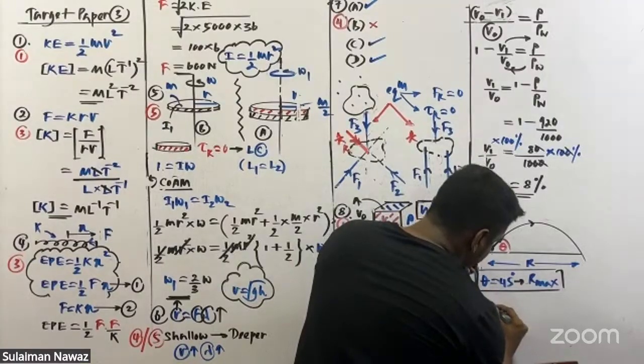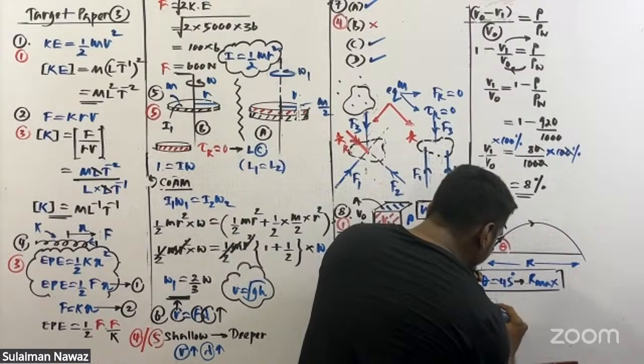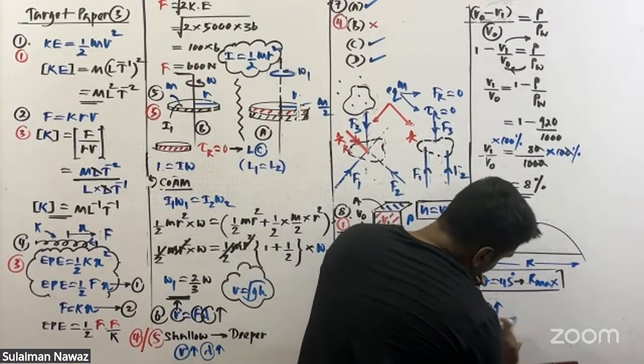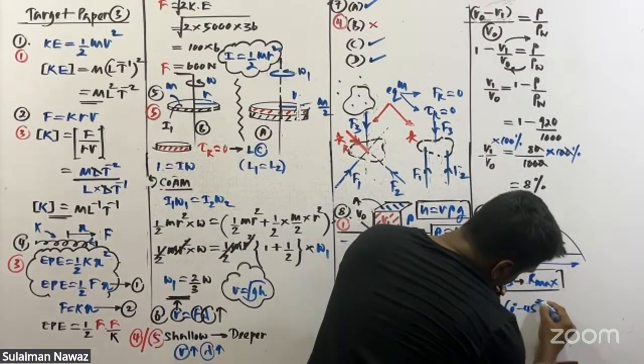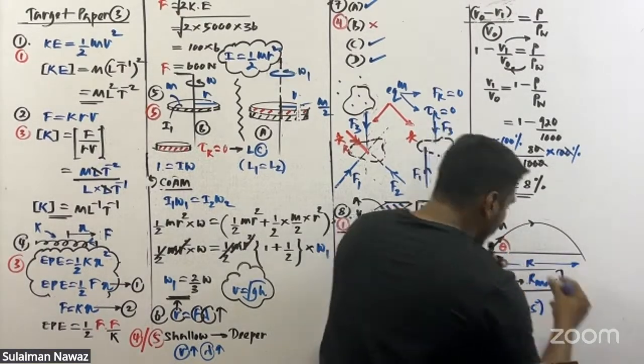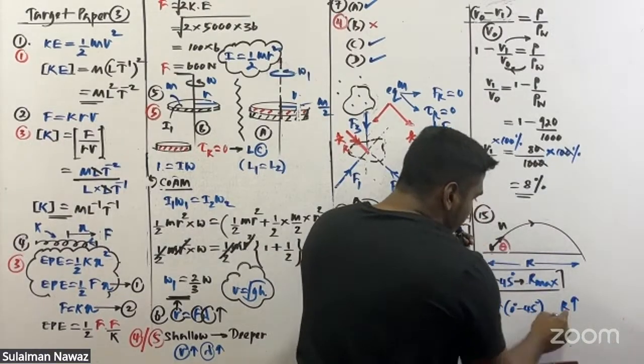Right? I said that your horizontal range also increases. That's why when the angle is 45 degree, R is maximum.